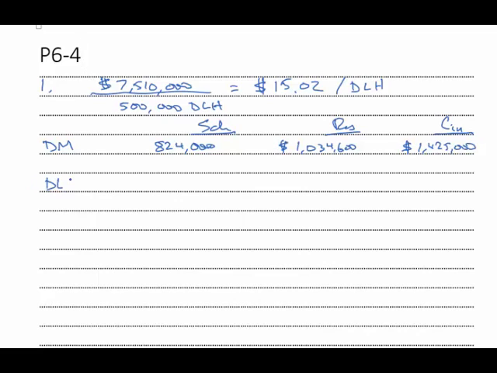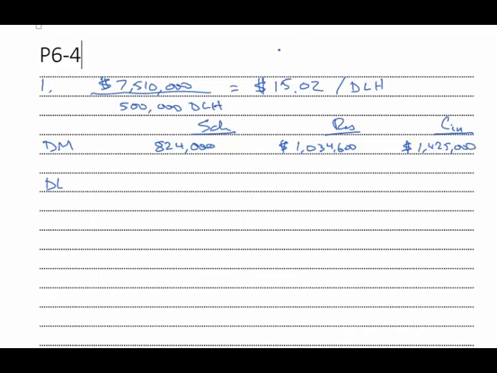All right, direct labor. Of course we're not told anything to do with labor. We just have labor hours, so we have to work out their rate. Construction labor 9,800,000, labor hours 500,000.